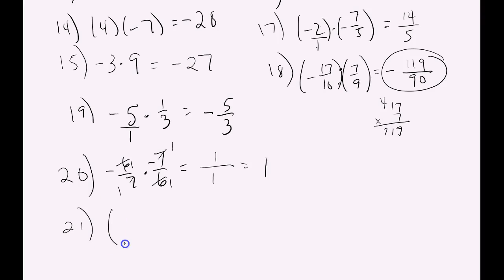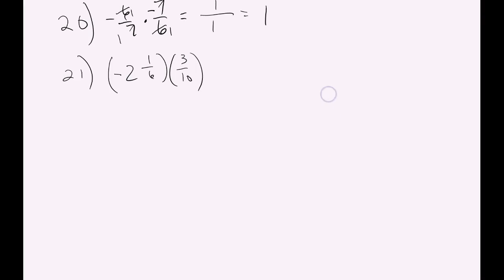Number 21, I've got negative 2 and 1/6 times 3/10. Okay, before I multiply these, I want them to be improper. I hate what I'm looking at here, okay? So I'm going to make this improper. So 2 times 6 is 12 plus 1. So this is really negative 13/6 times 3/10.